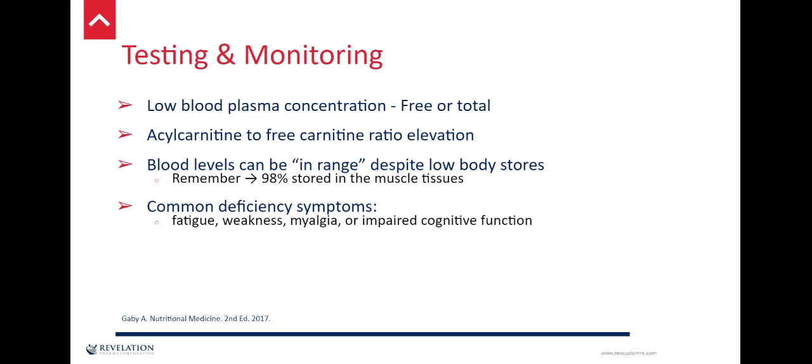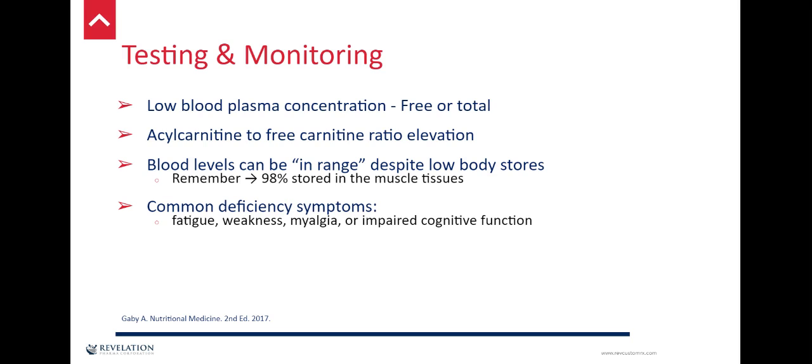Blood levels can be in range per the lab ranges despite low body stores, because 98% is stored in skeletal muscle and cardiac muscle tissues, so it can be difficult to get a really good assessment just from blood plasma levels.